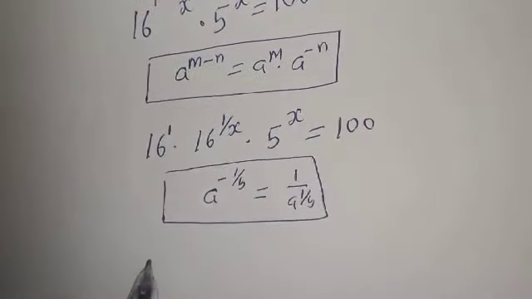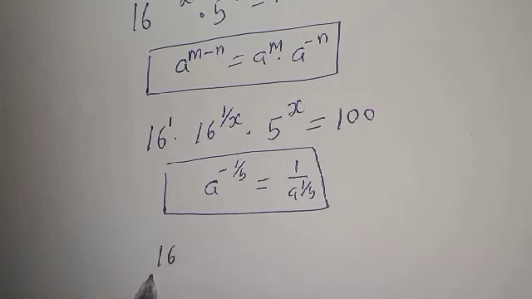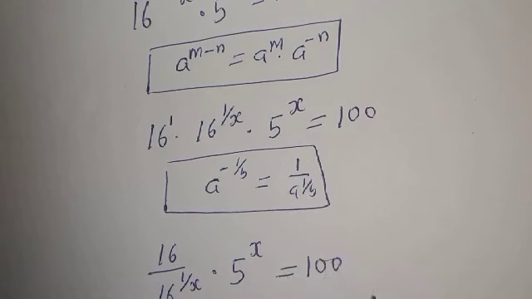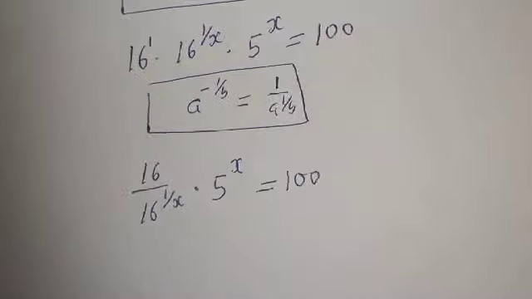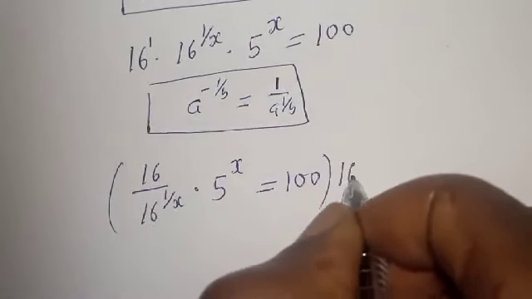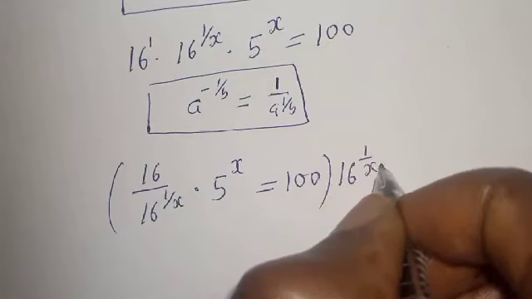So this can be written as 16 over 16 raised to power 1 over x multiplied by 5 raised to power x is equal to 100. Let's multiply everything by 16 raised to power 1 over x.